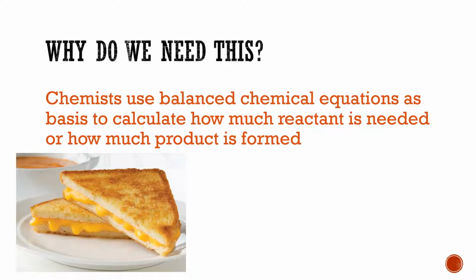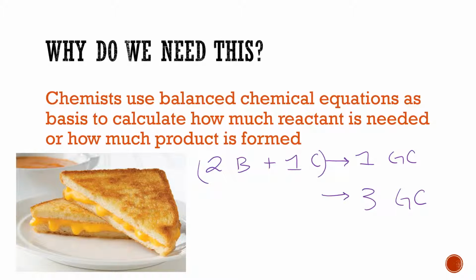So if you're going to make a grilled cheese sandwich, you would need 2 pieces of bread and maybe 1 slice of cheese to make 1 grilled cheese sandwich. If you wanted to make 3 grilled cheese sandwiches, you would need to take these and multiply it by 3.